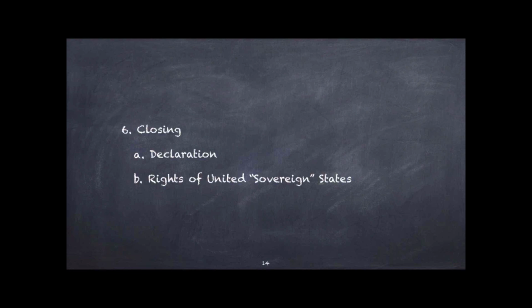So they appealed to the Supreme Judge of the world for the correctness of their actions. That's the first authority that they appealed to. The declaration is that the states should and are free, independent states.